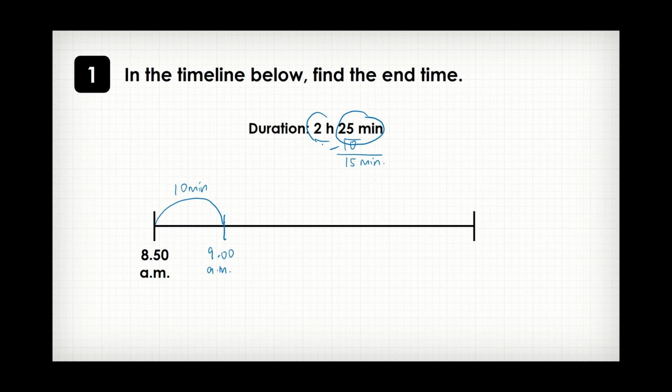Let's deal with hours. 2 hours after 9 a.m. We can count in hours. 10 a.m. That's 1 hour. 11 a.m. That's another hour. So 2 hours after 9 a.m. is 11 a.m. So we have done this as well.